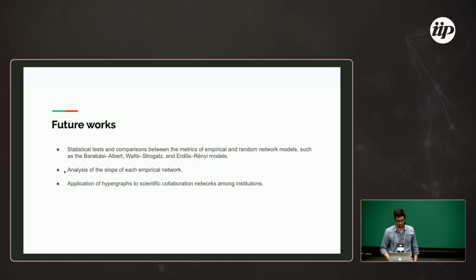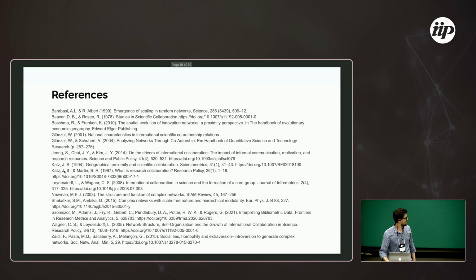In future work, we could try to analyze the slope of each empirical network and try to apply hypergraphs to scientific collaboration between institutions, and we could compare the network models such as Barabási-Albert, Watts-Strogatz, and Erdős-Rényi to the empirical ones. That's it.